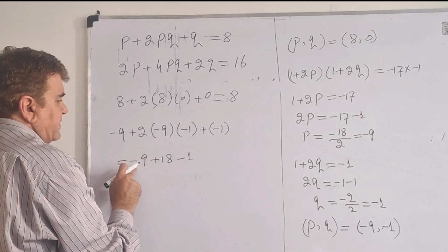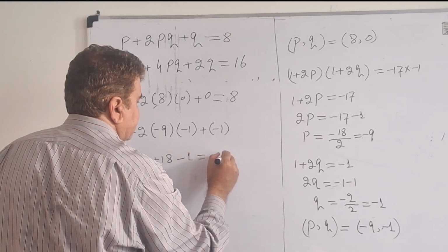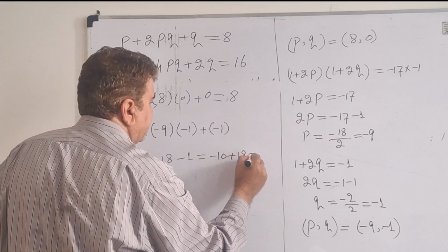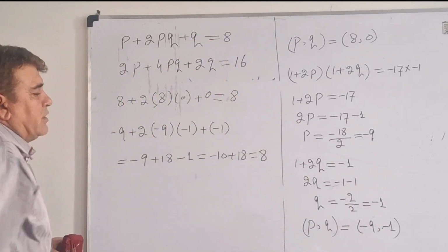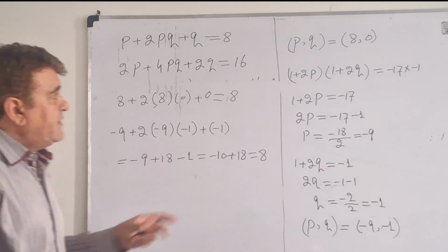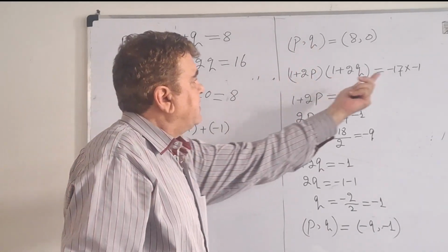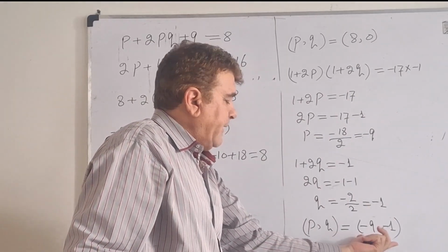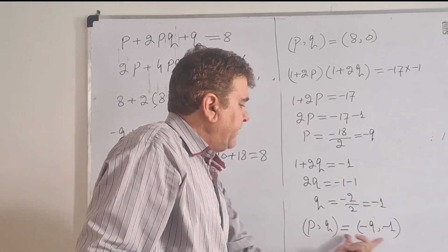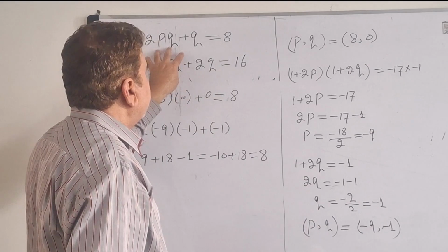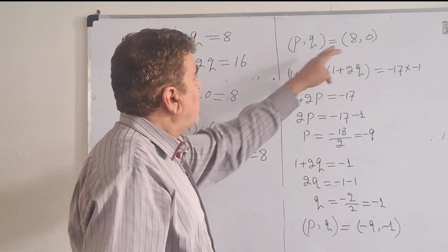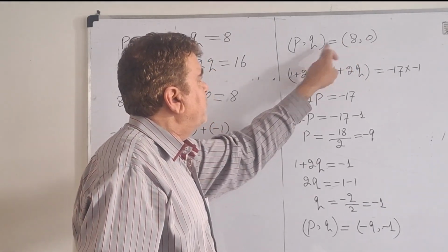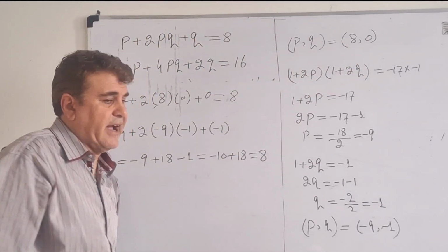Minus 1 with minus 9 makes it minus 10, plus 18 equals 8. Again, for this set of values, the equation is satisfied. So we see that for this factorization, we have integer choices for both p and q, and that satisfies the given equation. And for the second case, we have integer solutions for both p and q, and the equation is satisfied.